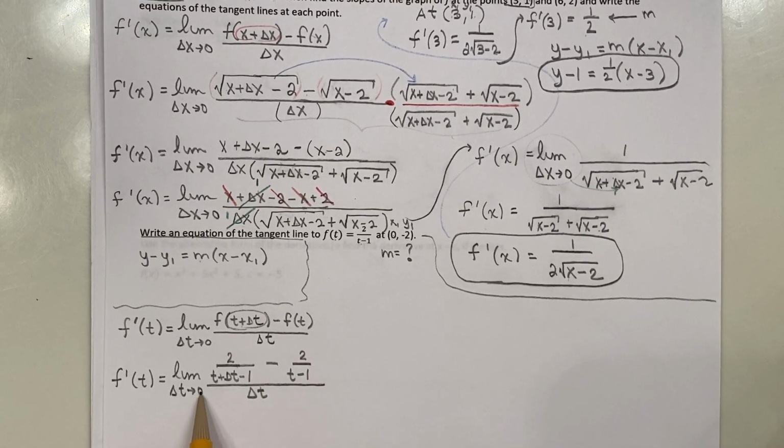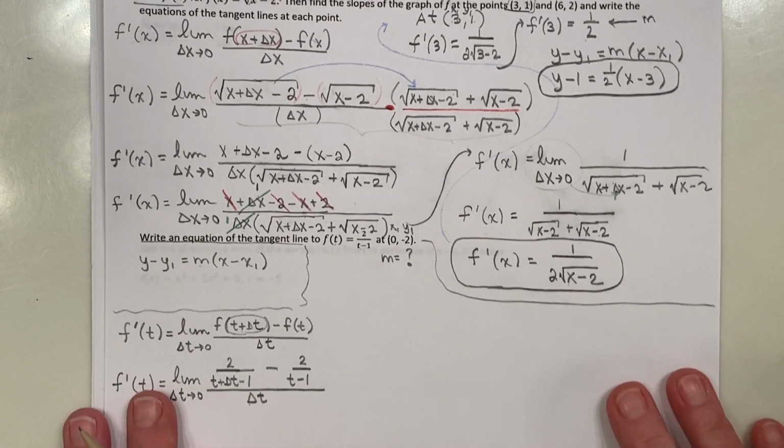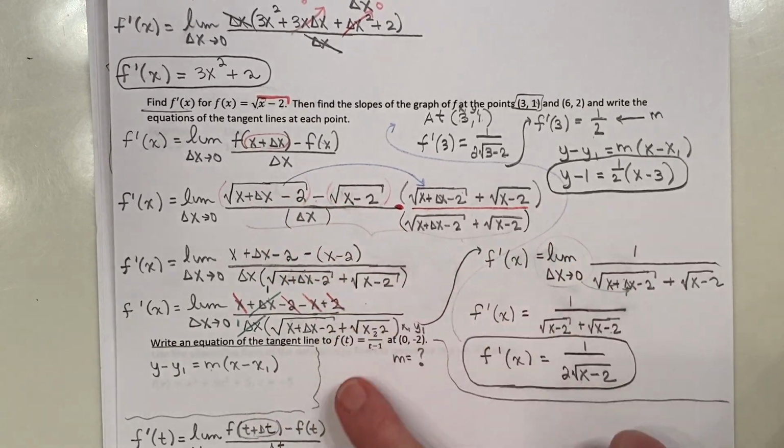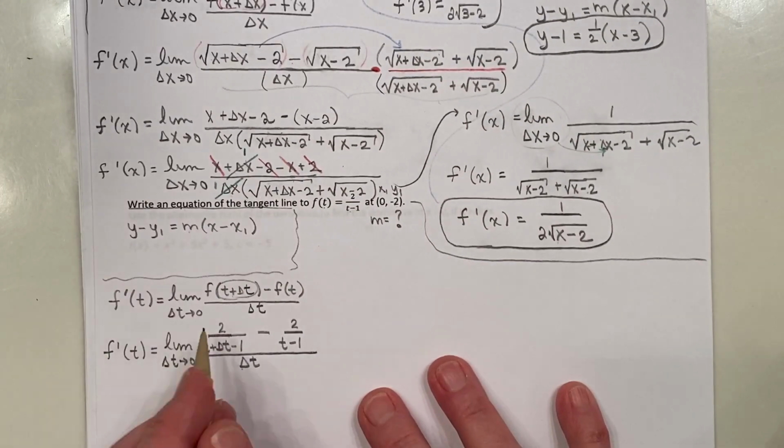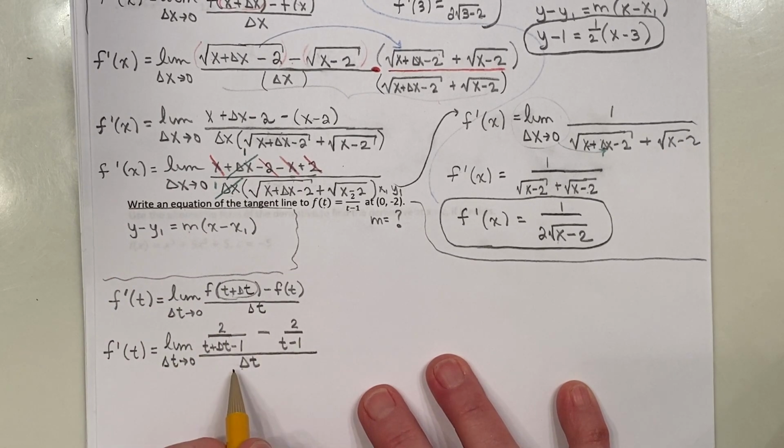Okay, if we try to plug in 0 for the delta t's, we're going to get indeterminate, so what do we do? It's not obvious like the previous problem where we did some distribution, or where we had square roots and multiplied by a conjugate. This actually requires a different algebraic skill. In order for us to clean this up, we need a common denominator in the numerator.